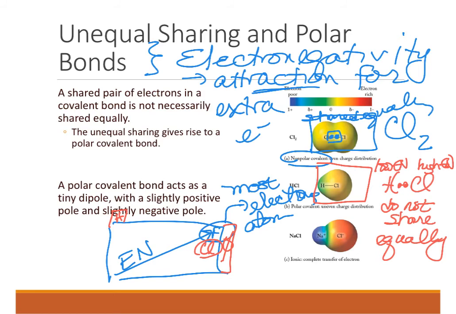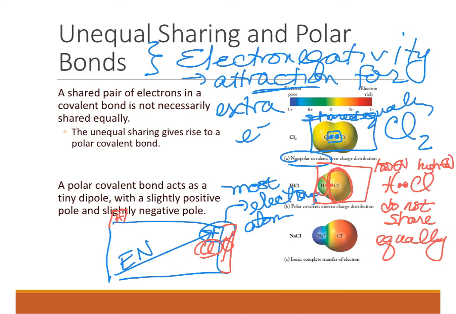Well, what does that mean? That means that chlorine is going to hog the shared electrons. So if you look at this color diagram, what it's showing you is that these shared electrons are going to spend more time closer to chlorine than they will hydrogen, just because there's a stronger pull for them by chlorine.